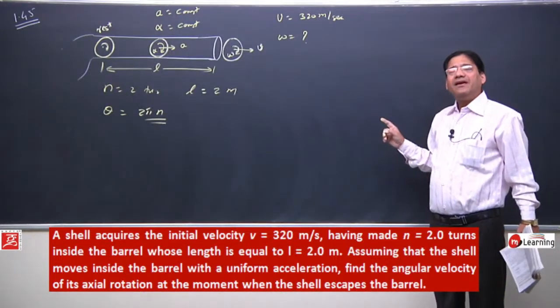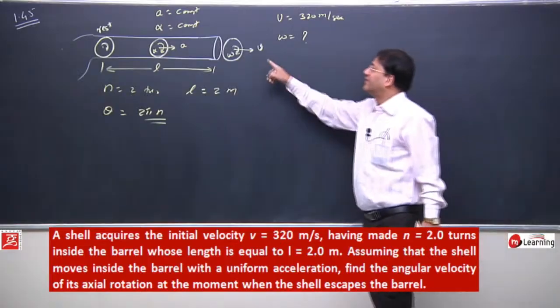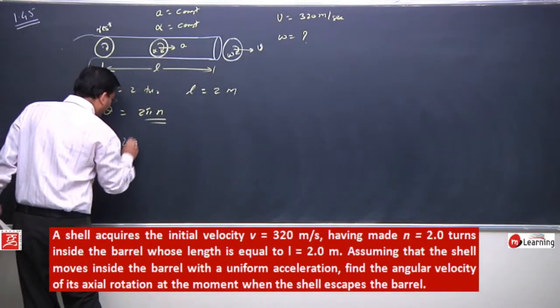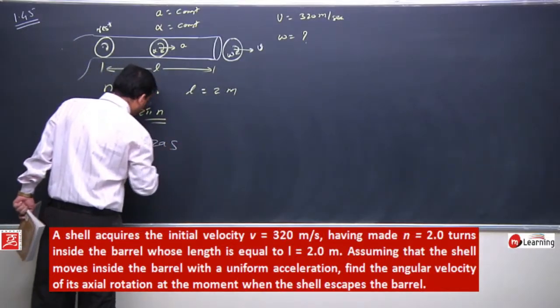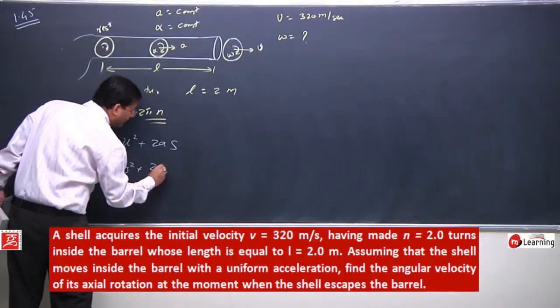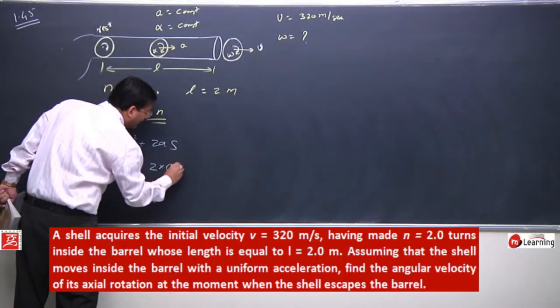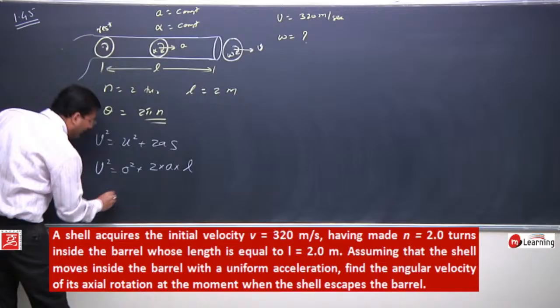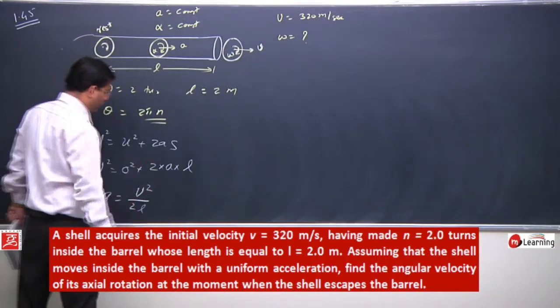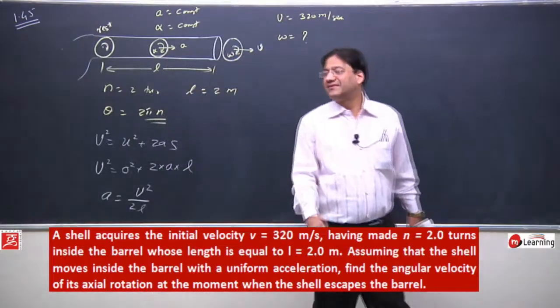I can determine acceleration. Since velocity is given, I can apply this equation: v square equal to u square plus 2as. v square is equal to 0 square plus 2 into a into, for s I will write L. So acceleration is v square by 2L. This is the constant acceleration.